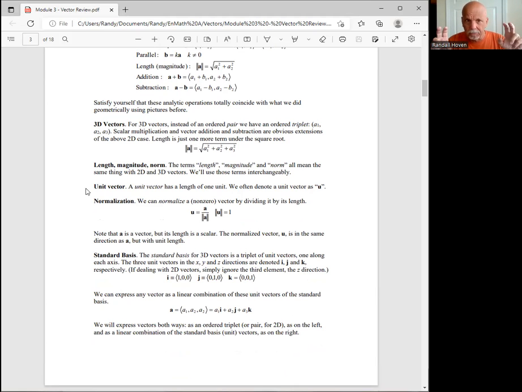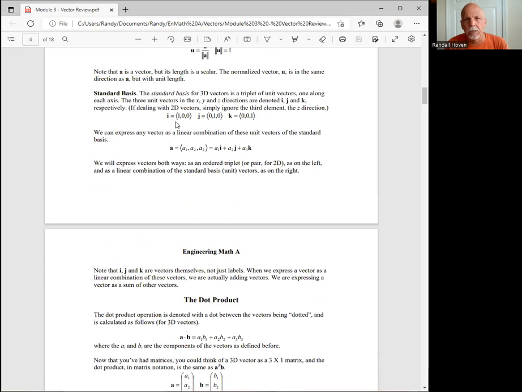A unit vector has a length of 1, by definition. You can normalize a vector by dividing it by its length or its norm. And the result is a unit vector, which means, like in this case, this u will be in the same direction as A, but its length will be 1. The standard basis, you've probably seen them, i, j, and k. i is in the X direction, j is in the Y, k is in the Z. And they are vectors.